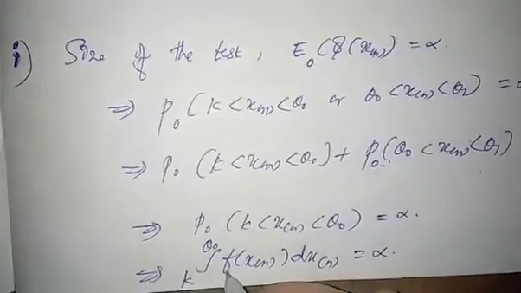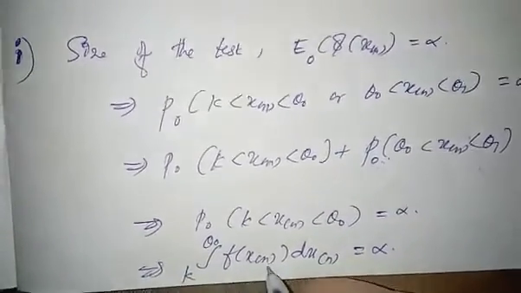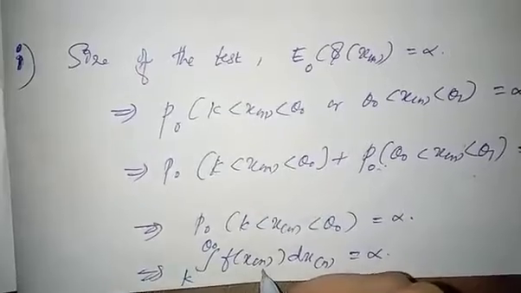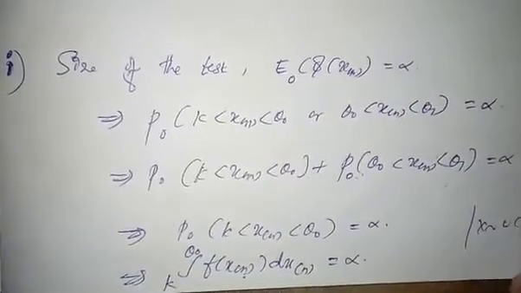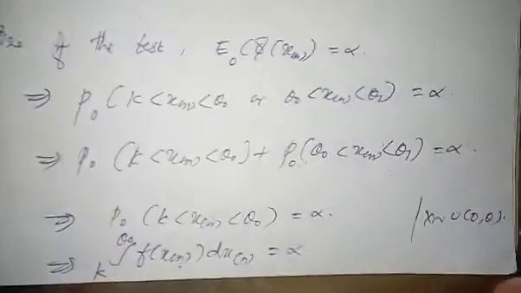So here f of xn is the density of the nth order statistic, right? What is the density of the nth order statistic in the case where x follows the uniform 0 comma theta distribution?